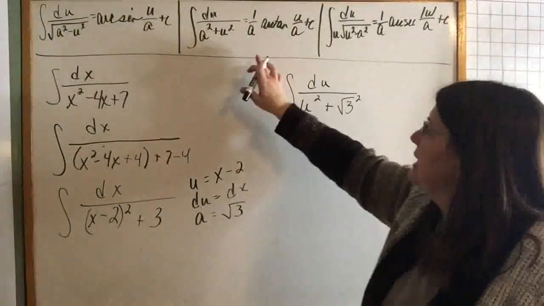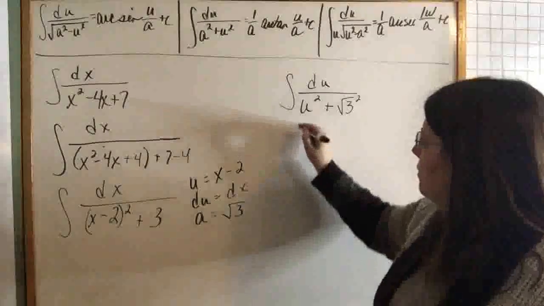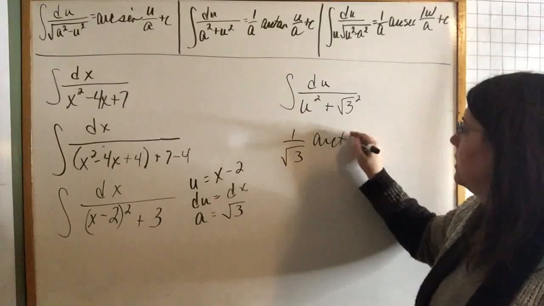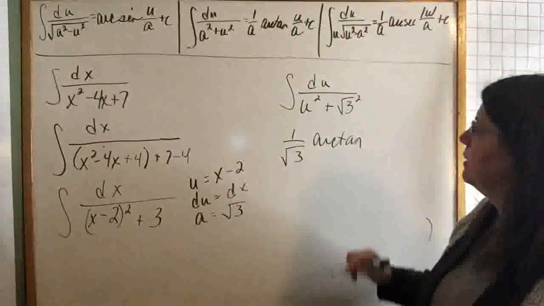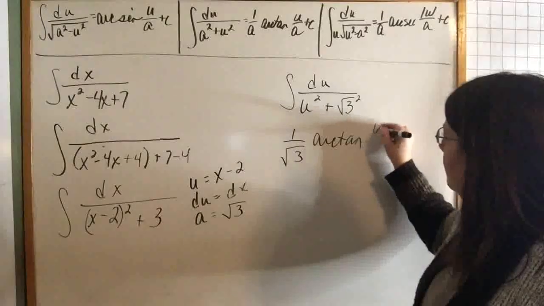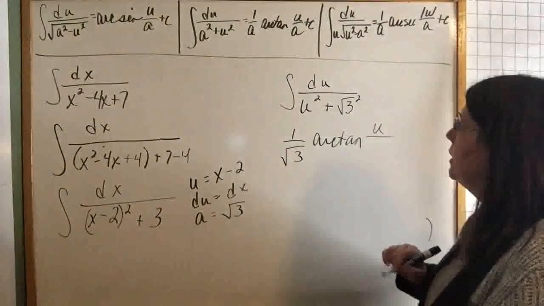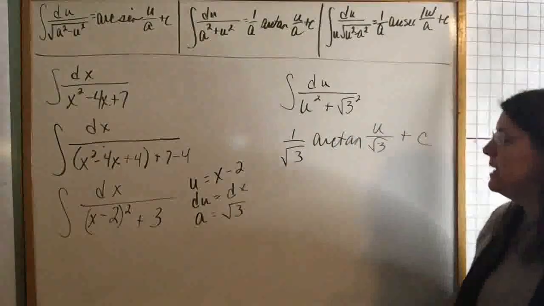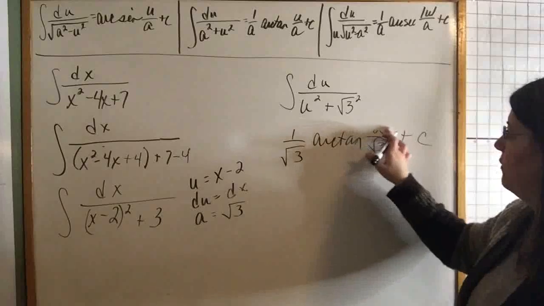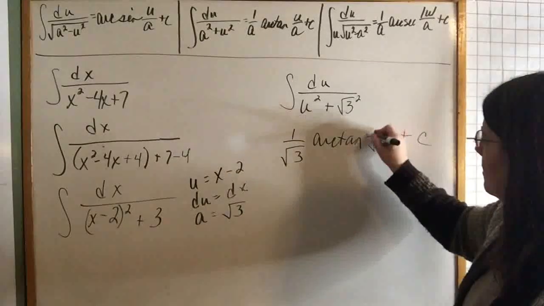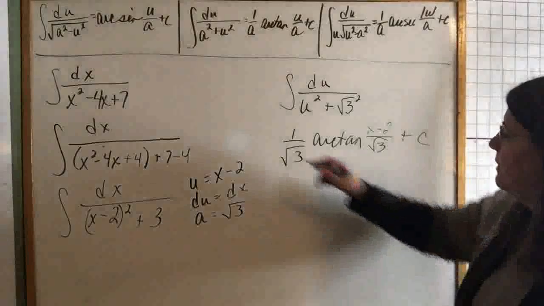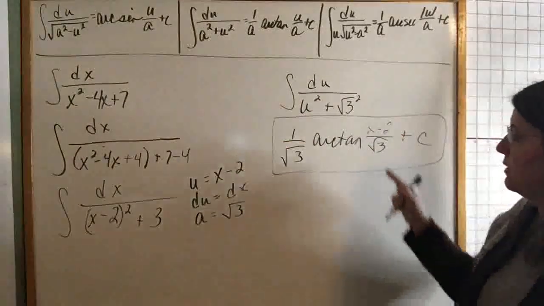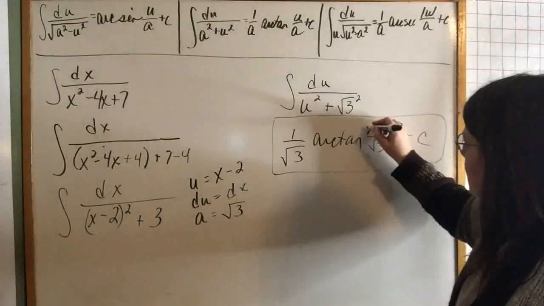So if I plug in, 1 over a is 1 over the square root of 3, arctangent of u, which we will substitute in just a minute, over a, which is the square root of 3 again, plus c. And then we know that the u value is x minus 2. And that is the antiderivative of what we started with. That one is an arctangent.